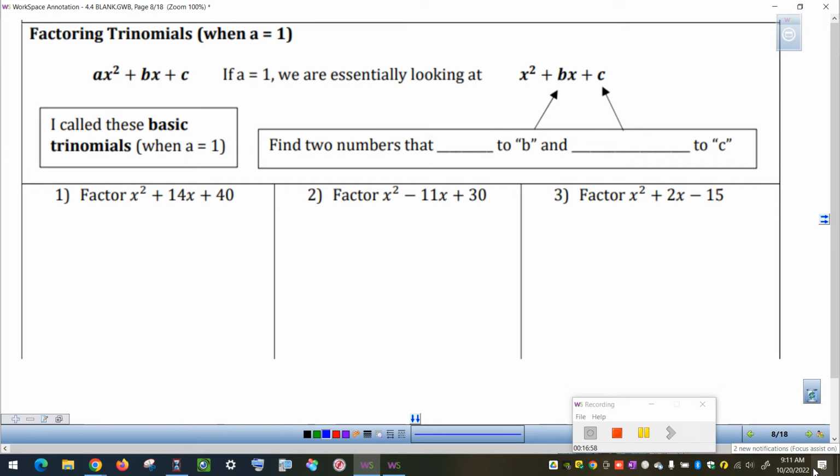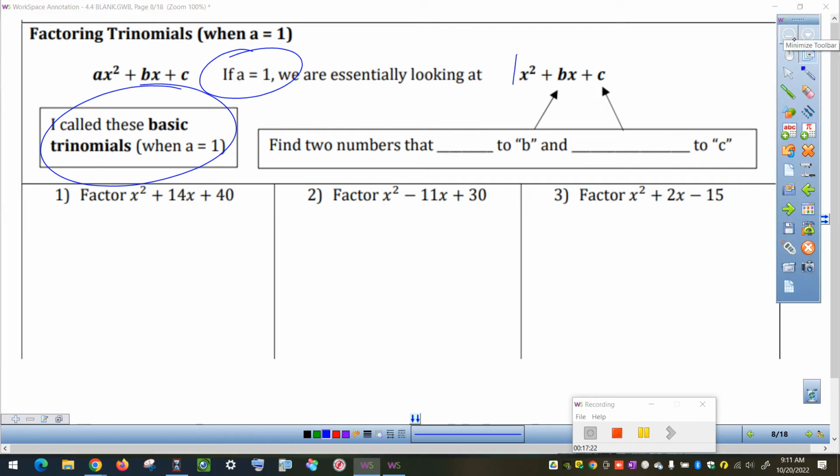In general, when we talk about factoring trinomials, we want to think of this similar to what we did here with the standard form, where we have A, B, and C. If A is 1, this is what we call a basic trinomial. If A is 1, there's an invisible 1 in front of the x squared.